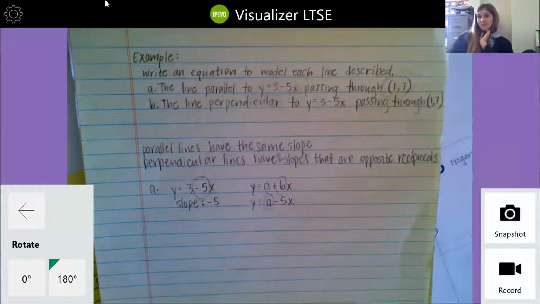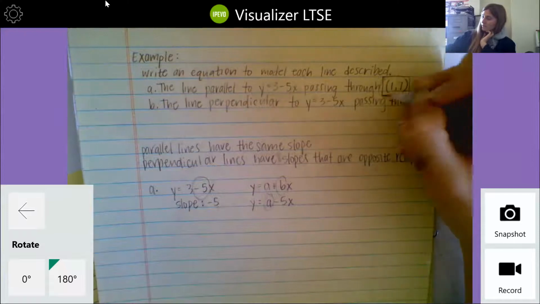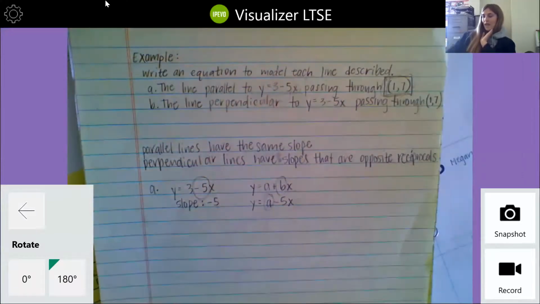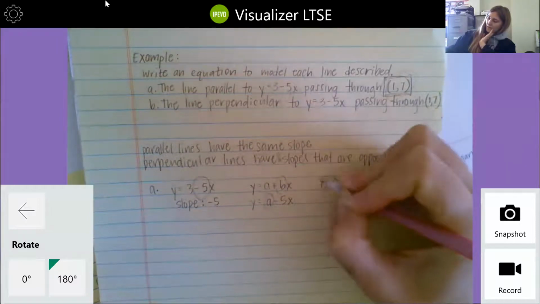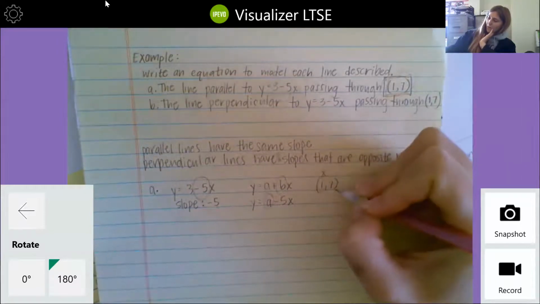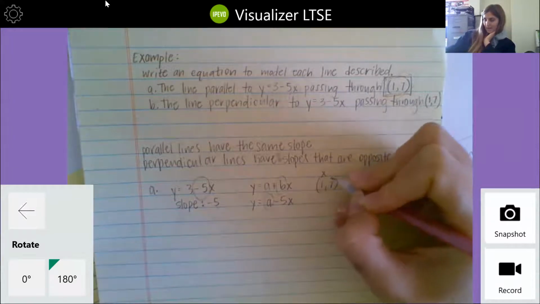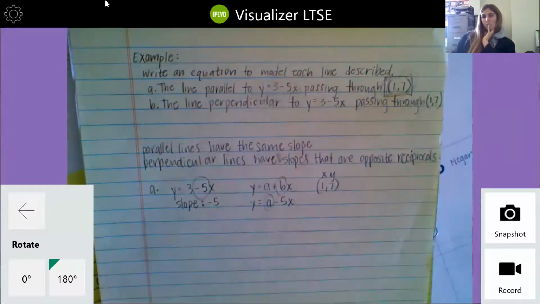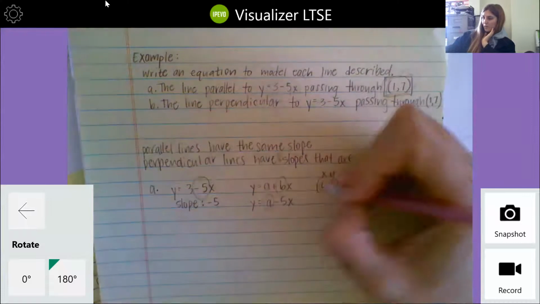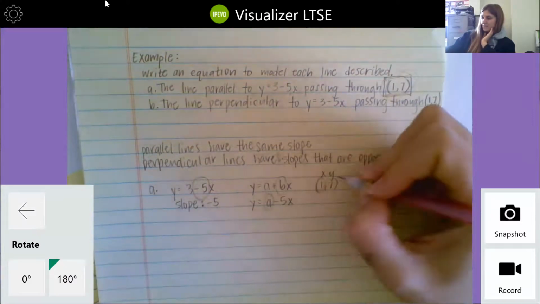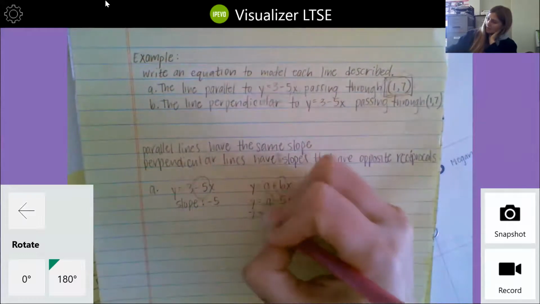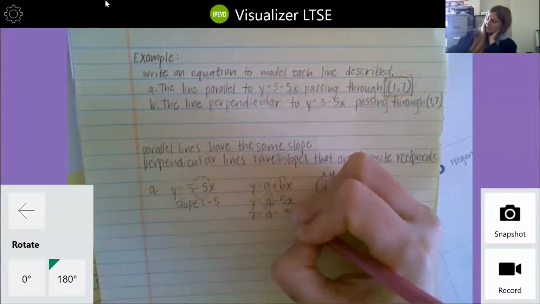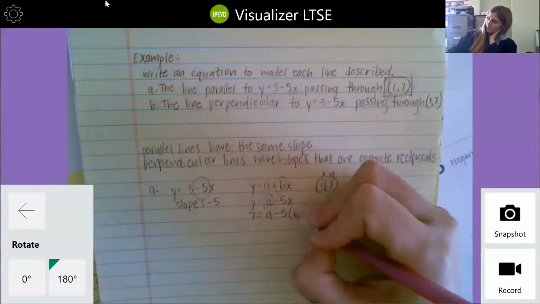I can find my y-intercept by taking this point, (1, 7), and plugging it in down here. 1 is going to be x, and 7 is going to be y. So I plug in 1 for x, 7 for y, and I get 7 equals a minus 5 times 1.